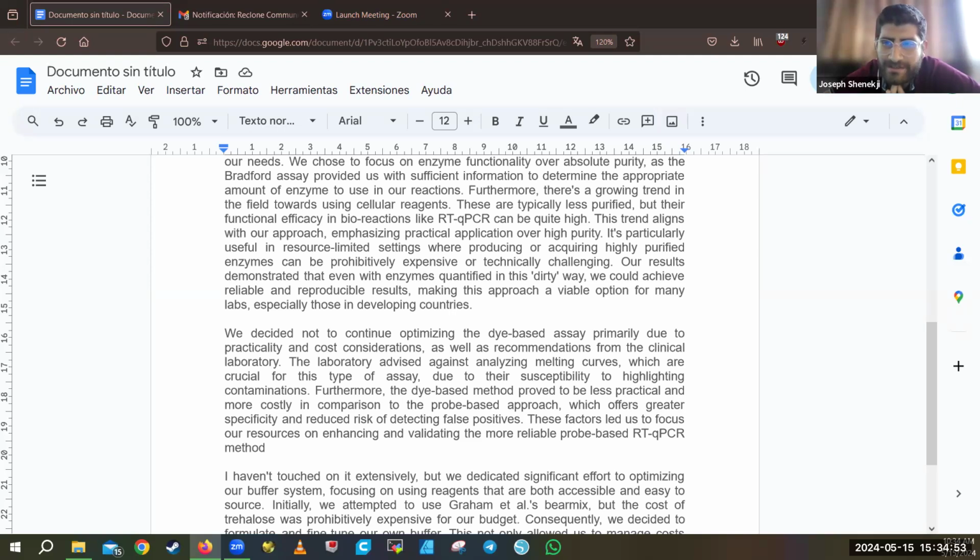I can hopefully, if I finish my PhD anytime soon, provide some information because I'm using the PFU enzyme with the SSO7D also. There are many strategies that can be applied. One of them is making cellular reagents, like Dr. Jenny suggested, and there are some alterations using some buffers. But what I found that could be helpful, and I'm now testing, is using arginine by itself as an amino acid.